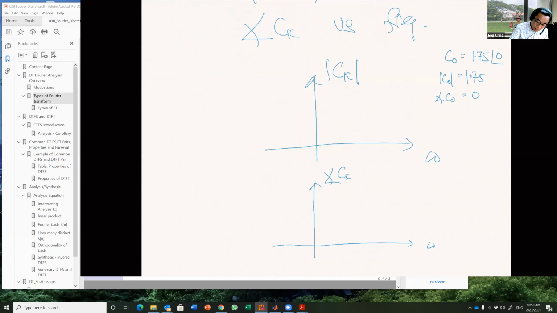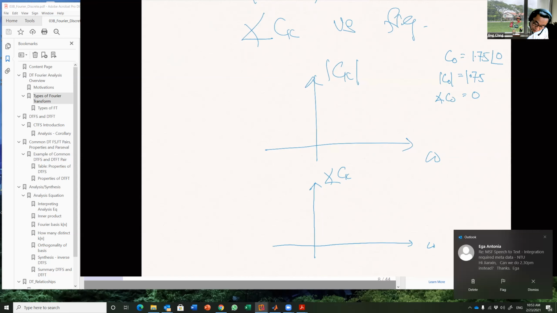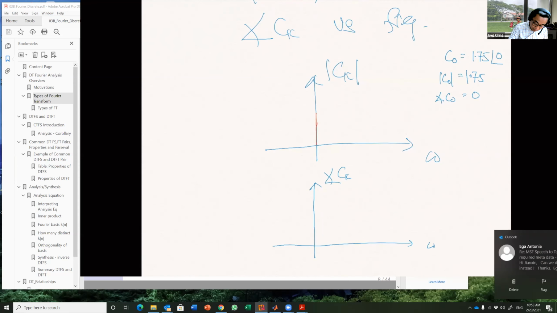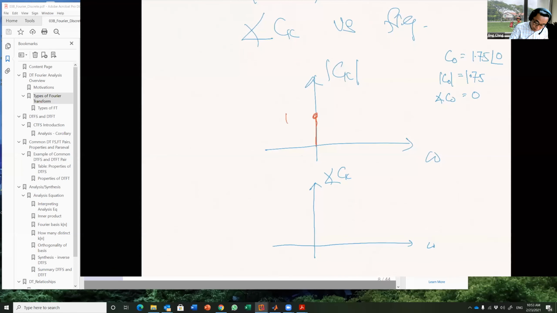So let's draw this. 1.75 is here, because this is the 0 frequency. Okay, so then you say, why is C0 at the 0 frequency? But you just pause for a little while. So this is the magnitude of C0. This is the angle of C0.